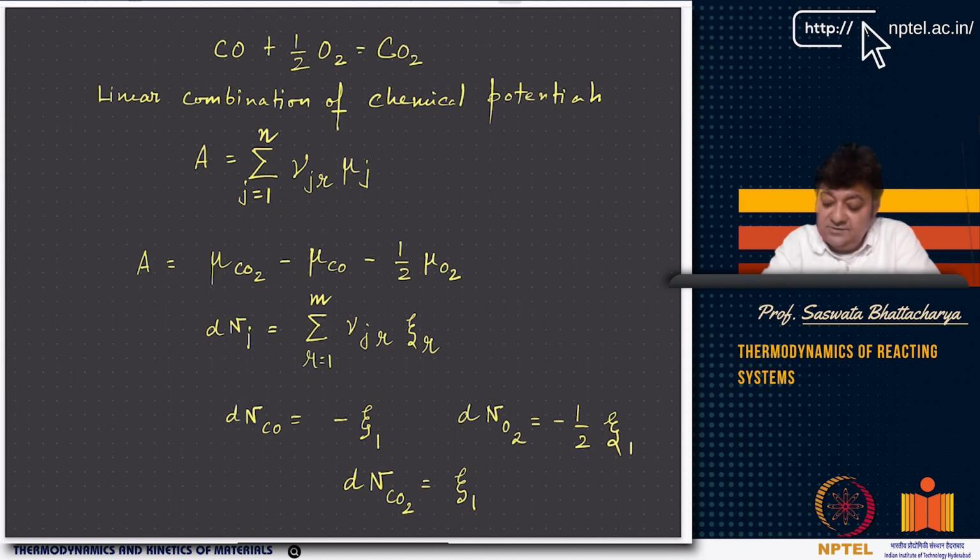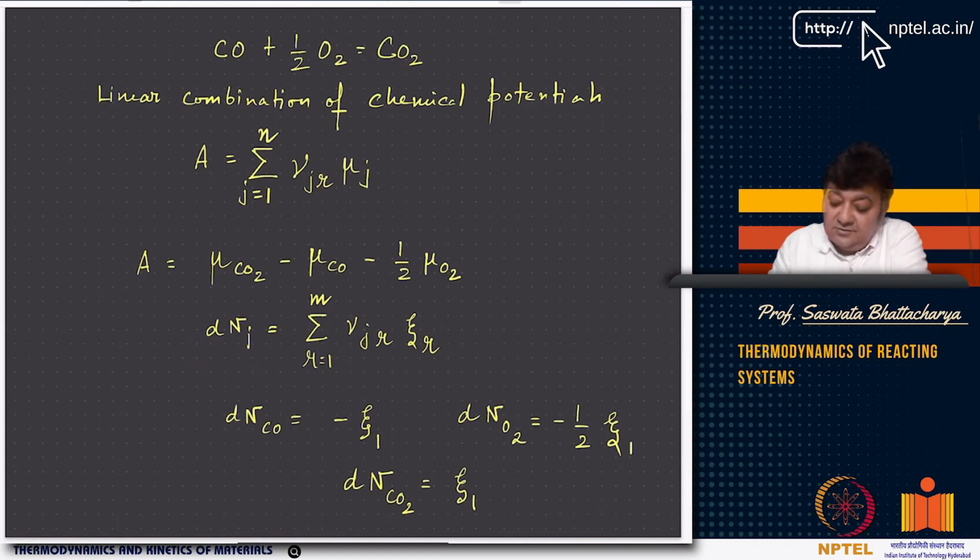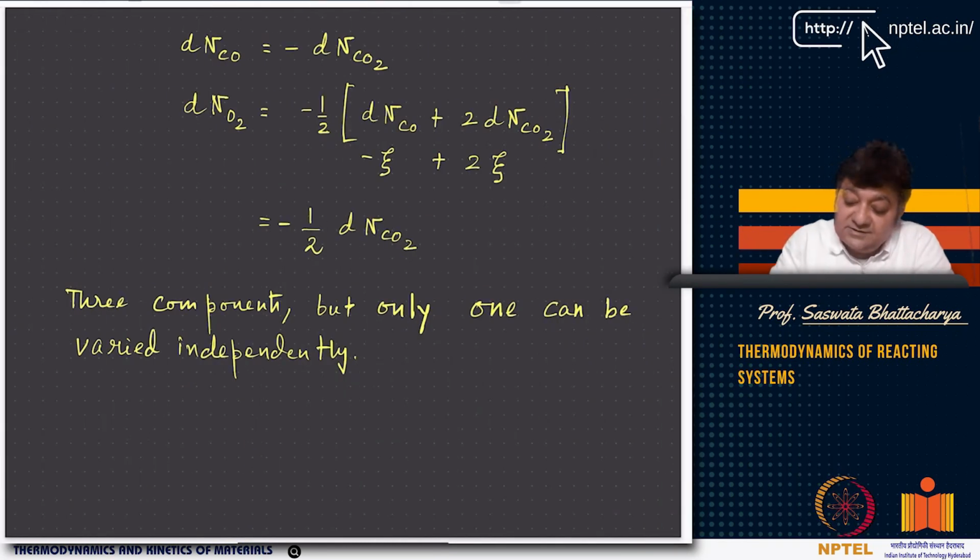This comes because minus half xi is basically 2 dnCO2 minus dnCO, into half, right? Because dnCO is going to be minus xi, so this is minus xi, this is plus 2 xi, and this is minus half. So you basically get dnO2 as minus half (2 dnCO2 minus dnCO).